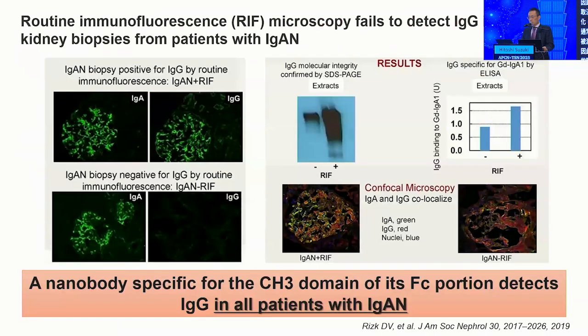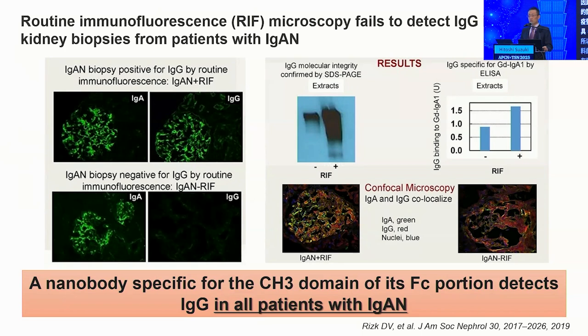So this is a paper from the Dana's risk data. Routine immunofluorescence microscopy failed to detect IgG in many kidney biopsies from patients with IgA nephropathy. However, they analyzed the IgG molecular integrity, confirmed by SDS-PAGE, using the extract from the kidney.